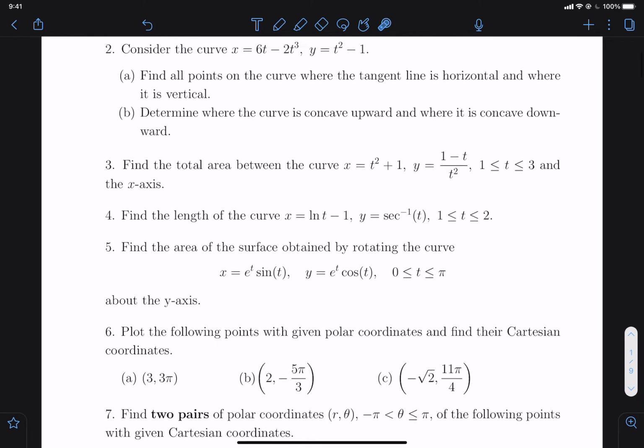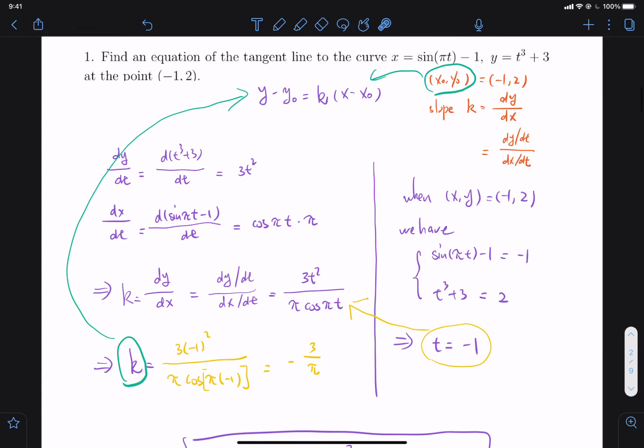So that is the same stuff. We need the point-slope form of the line. The slope is k and the point is x0, y0. The point x0, y0 is already given, which is -1, 2, so we can just use it.